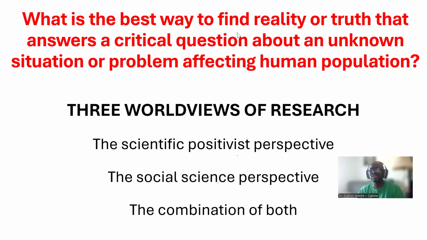This school of thought says that doing research based on only one of these two perspectives will not sufficiently explain everything that goes on within a human population. We need to always combine both.